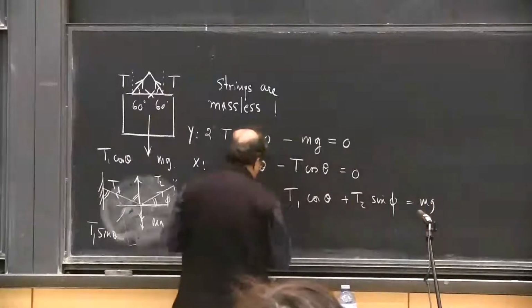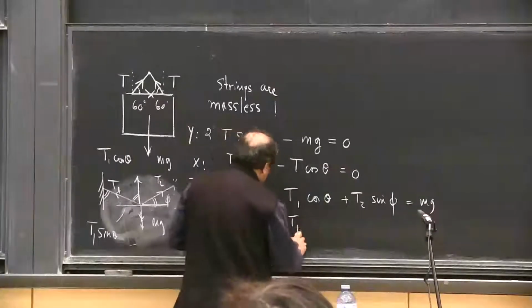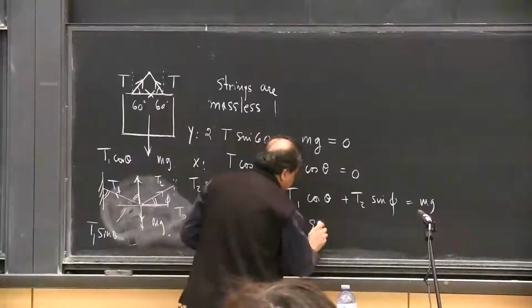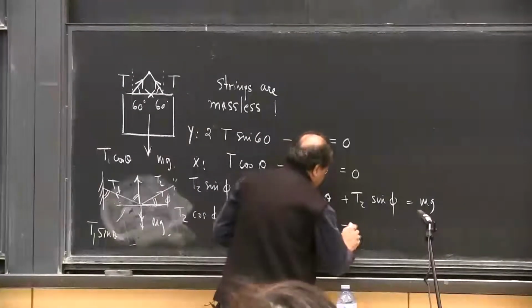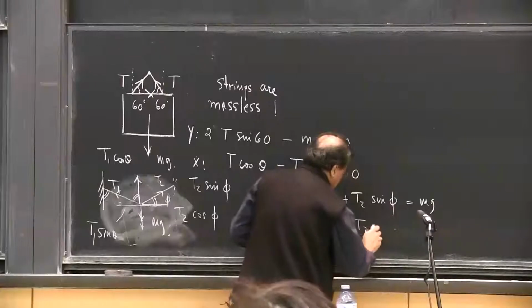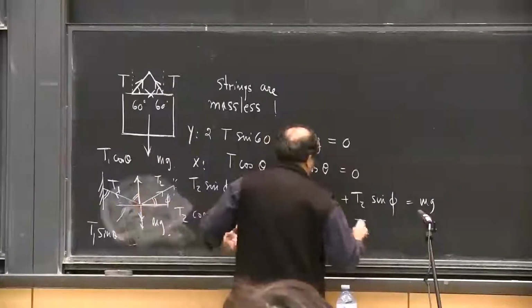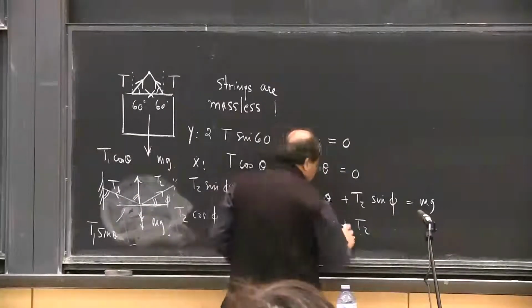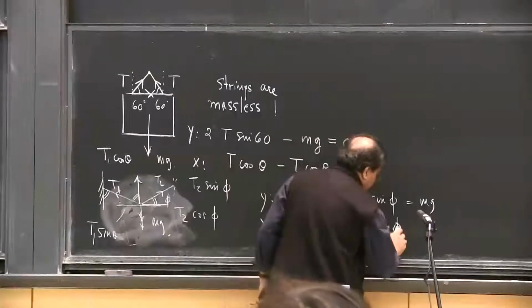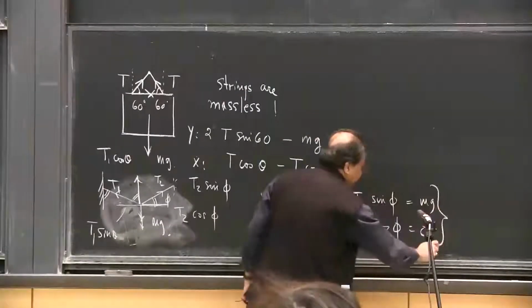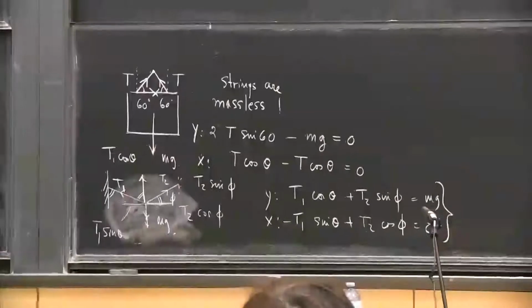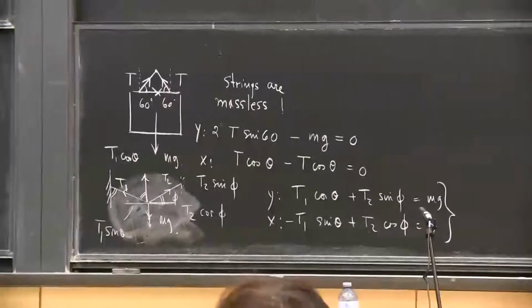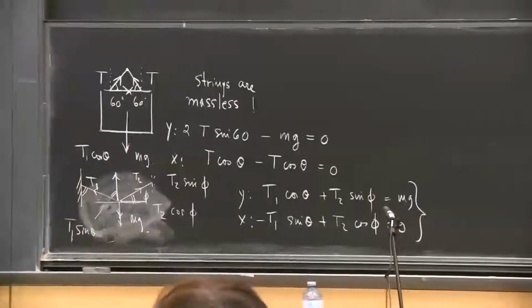And then for the x piece, I'll have T1 sine of theta minus T2 cosine of phi equal to zero. So I think these are the equations you get, though I don't remember the details of the problem. Any questions?